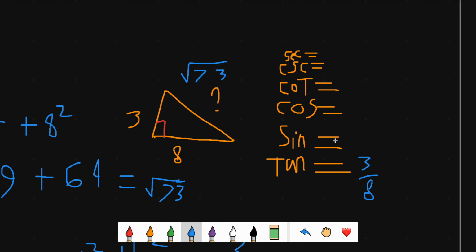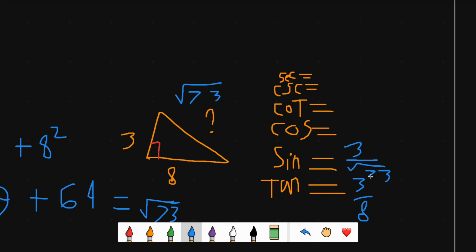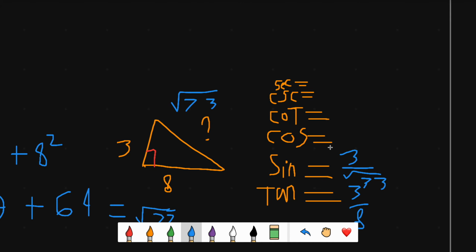Sine is 3 over the square root of 73. Cosine is 8 over the square root of 73.